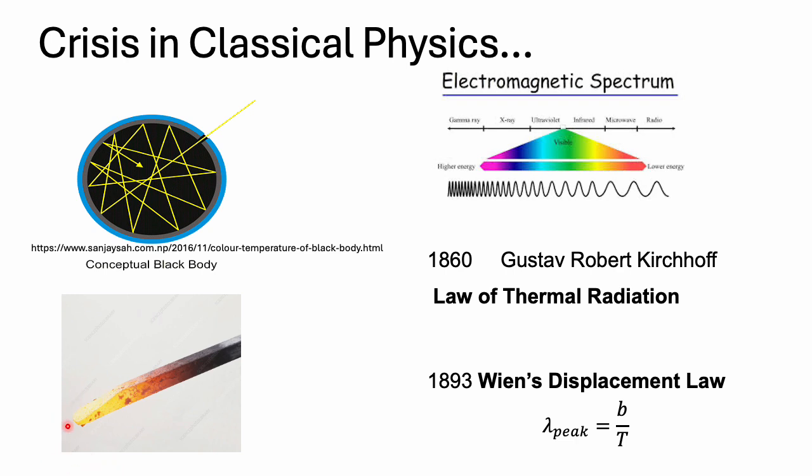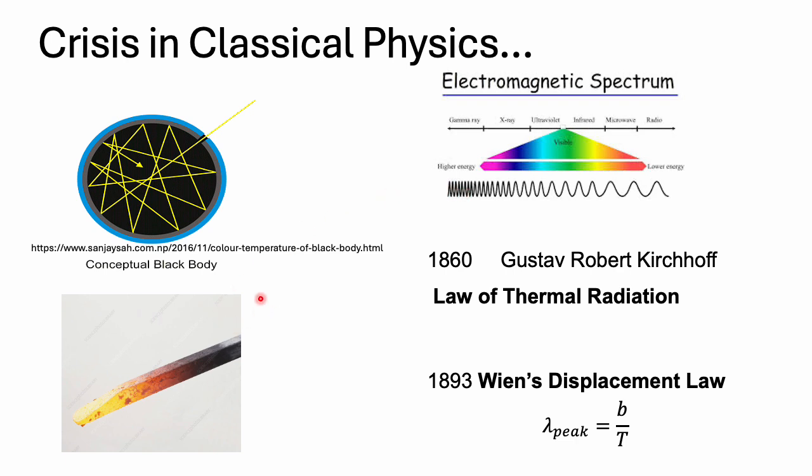As a black body gets hotter, it shifts from emitting mostly infrared light. I have here the electromagnetic spectrum, and we have radio waves, microwaves, infrared, visible, ultraviolet, X-rays, and gamma rays. This is the wavelength, and longer wavelength entails lower energy, and shorter wavelength entails higher energy.